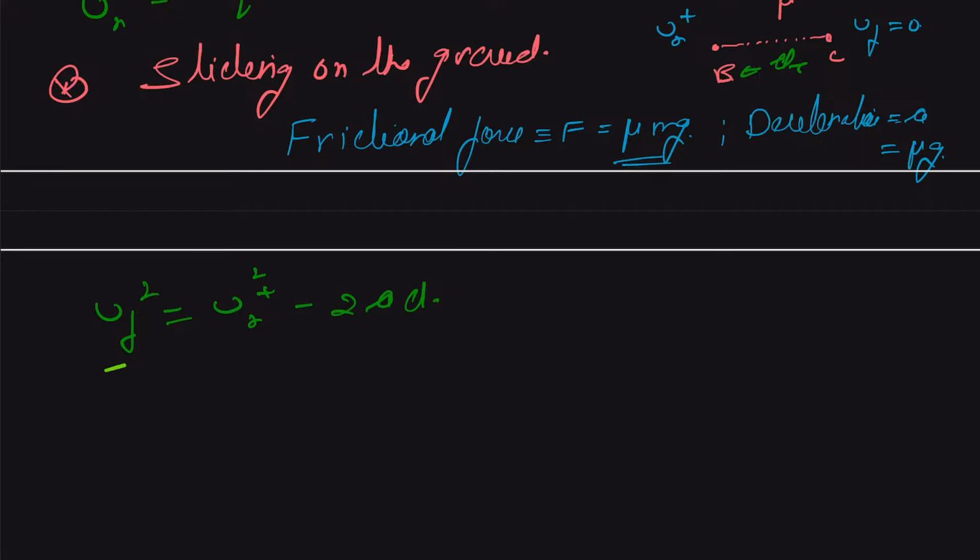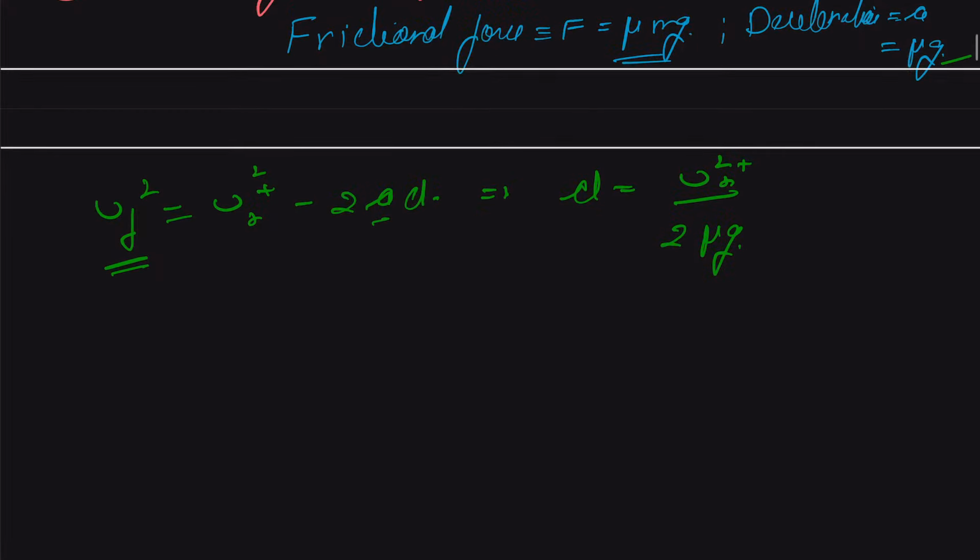And we know that Vf is equal to 0, therefore we can say from here that d will be equal to Vx positive squared divided by 2 mu g, because a we know is equal to mu times g.